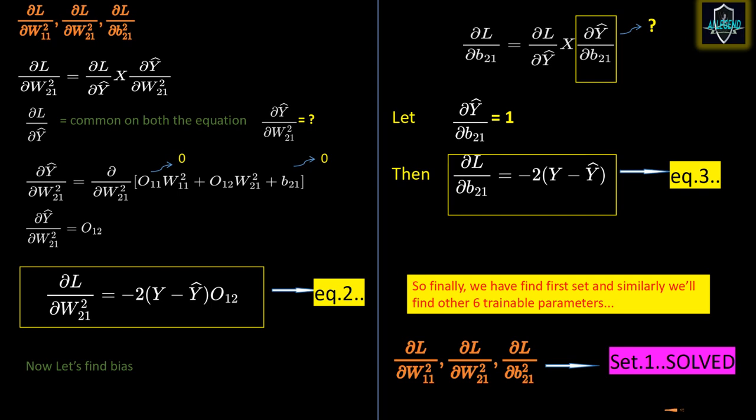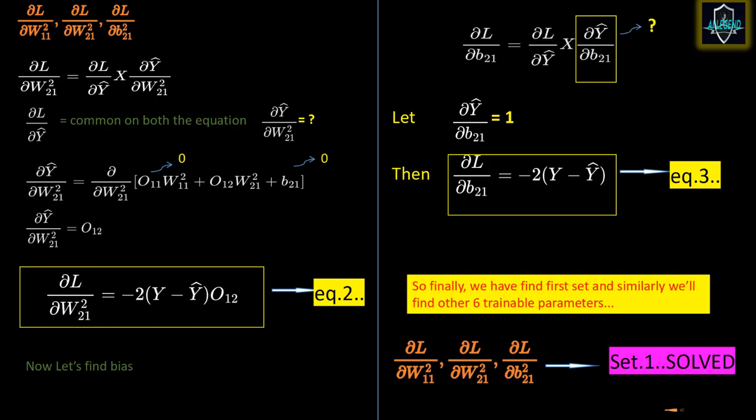Okay, now del y hat over del W2 to 1 is equal to del W2 to 1 multiplied by the inside of the square bracket: O11 multiplied by W211 plus O12 multiplied by W221 plus B21, that is our bias. So what is the resultant?